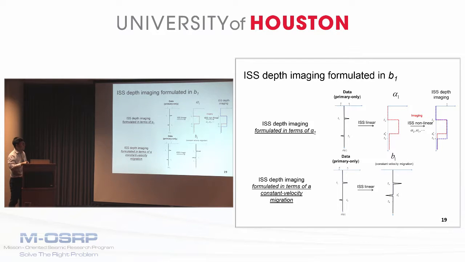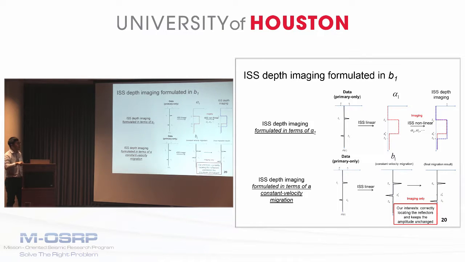Here we denote this constant velocity migration result using B sub 1. And our interest and our goal is correctly locating the reflectors that are mislocated in this constant velocity migration and keeping the amplitude unchanged. So we are only focusing on moving the mislocated images to their correct location while leaving the amplitude unchanged.